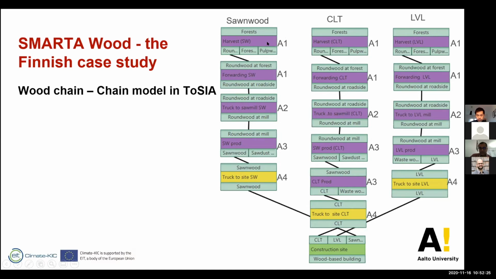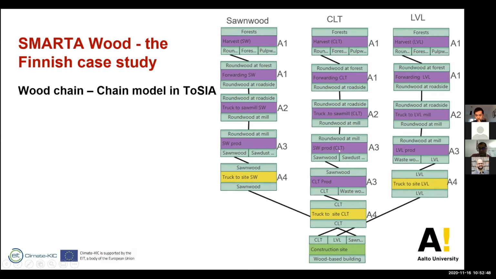These two are for A1, and then truck to sawmill is A2, and then production is A3, and then transportation is A4.